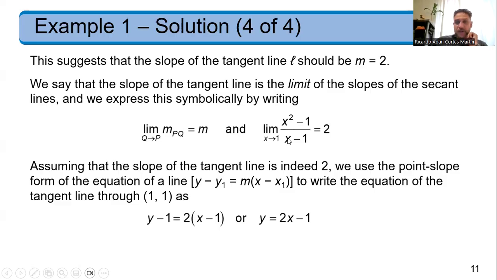X squared minus 1 over x minus 1. So we say that this is the limit of the value, okay?